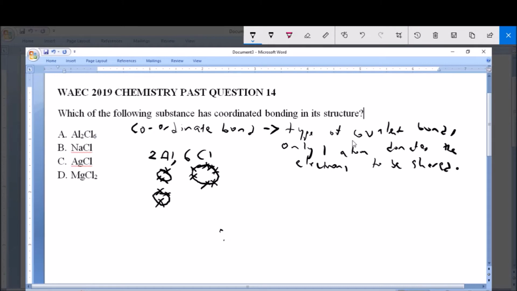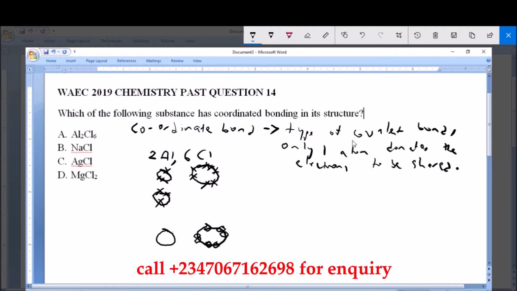Now for sodium chloride, you have 1 sodium atom and 1 chlorine atom. The chlorine atom, as we have said, has 7 electrons on its outermost shell, while sodium has 1 electron on its outermost shell.